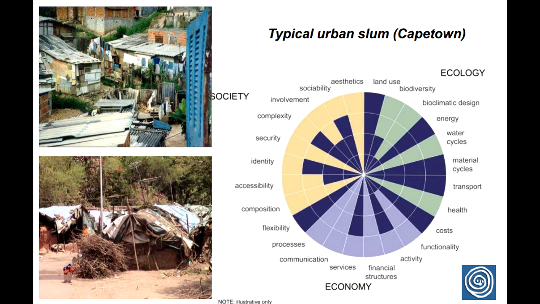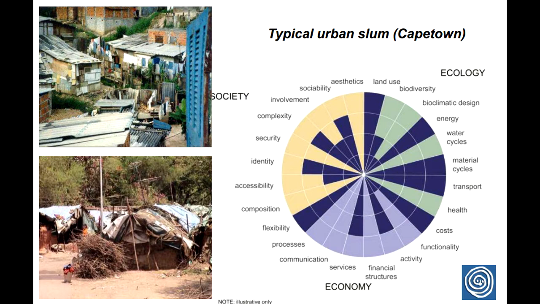In comparison, this map of a typical urban slum in Cape Town, South Africa, has a great variation of full scores in some areas and no scores in others. In some of the ecology segments, such as energy use, material cycles, cost, transport, and land use, the areas outperform the previous urban ecology map from Freiburg, Germany.